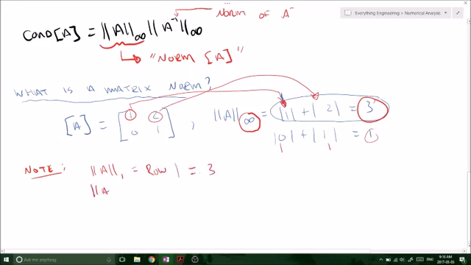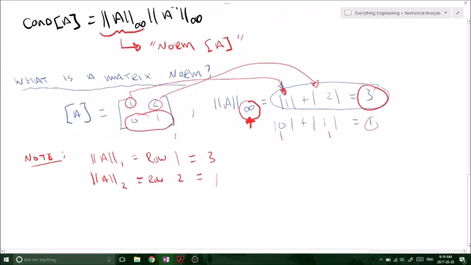And if we wanted the norm of matrix A, row 2, that would equal just 1, because the sum of row 2 was just 1. So in this case, the norm of the matrix infinity means the largest of all of the row sums, and in this case it was 3.